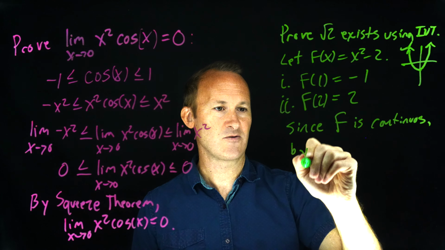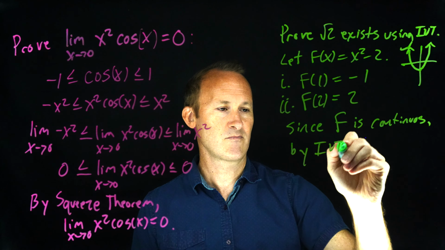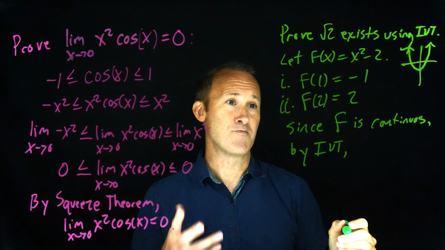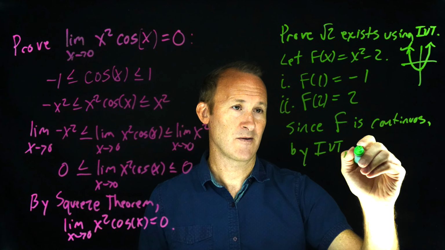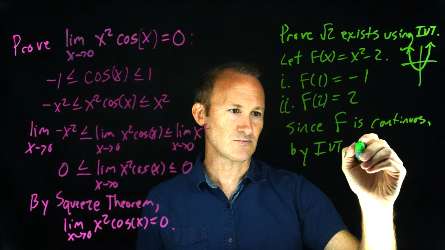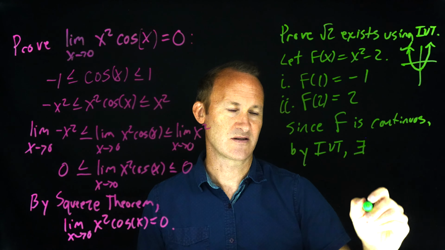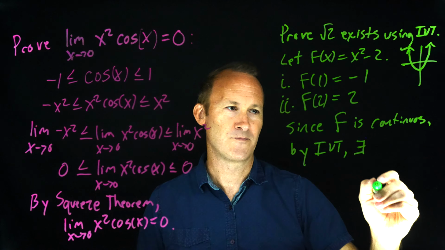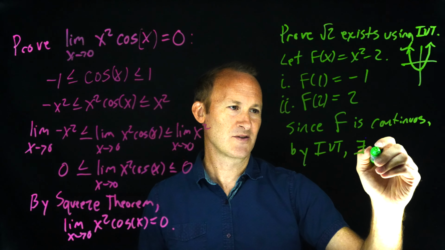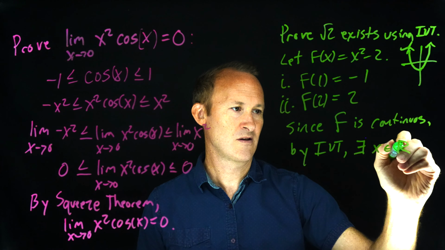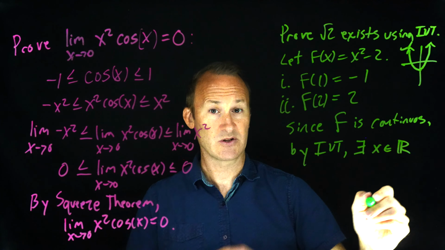by the intermediate value theorem, there must be some value. I'm going to use a symbol that means there exists, say, an x that's a member of the real numbers. You don't need to know all this math notation, I'm just putting up some shorthand.